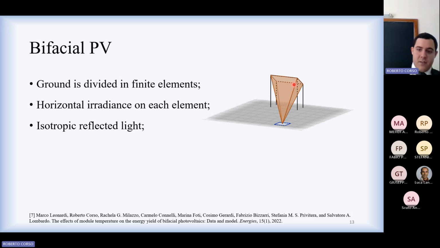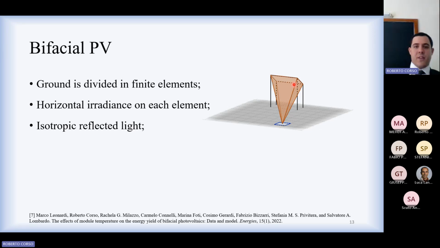We assume that each ground element reflects a certain fraction of the incident horizontal irradiance isotropically, and we also took into account the spectral reflectivity of the material.